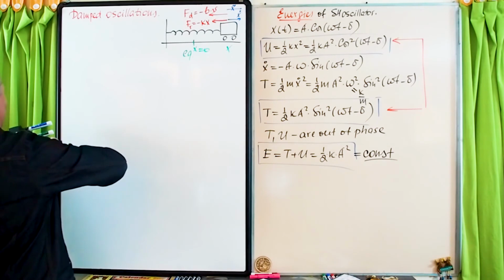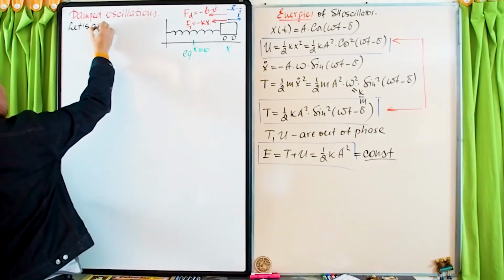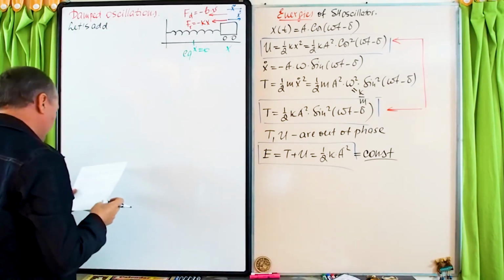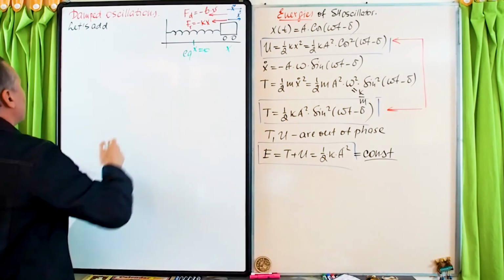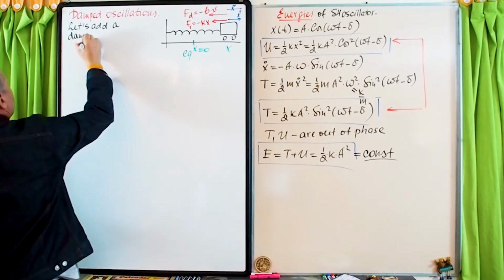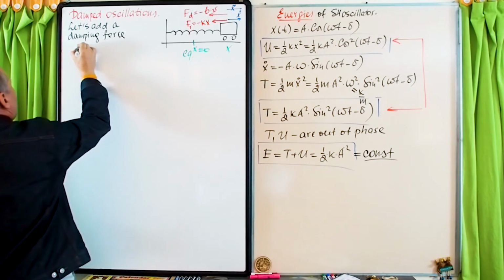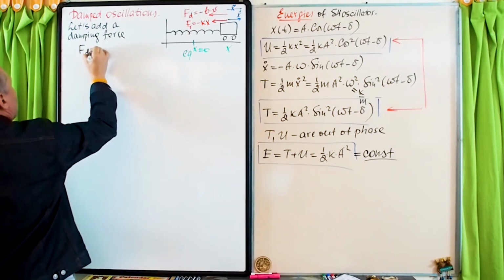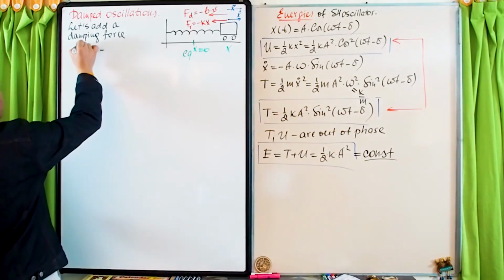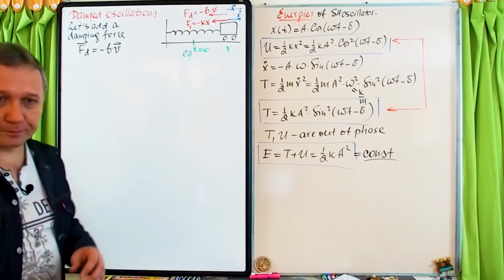So now we have two forces. A damping force: F sub D equals minus b v, which is x dot.